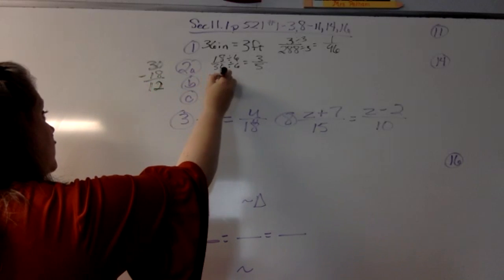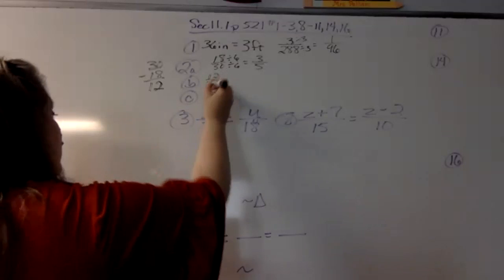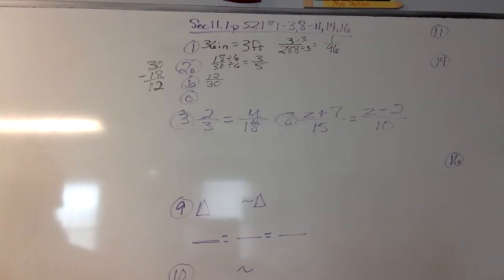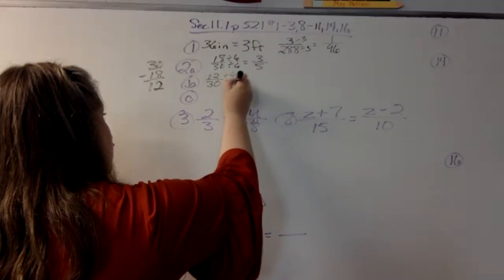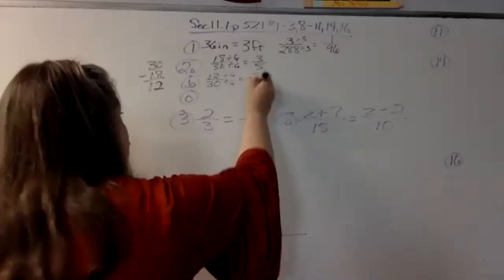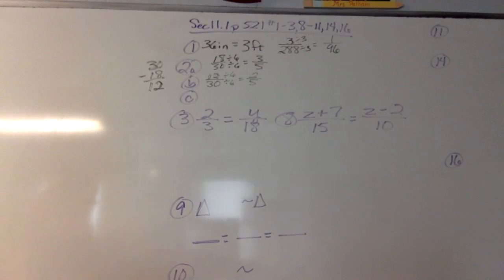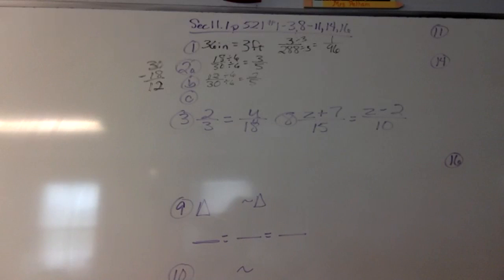So 12 students out of the 30 are not in band. And again, I have to reduce it to lowest terms. Again, 6 goes into both of them. So I have 2/5.